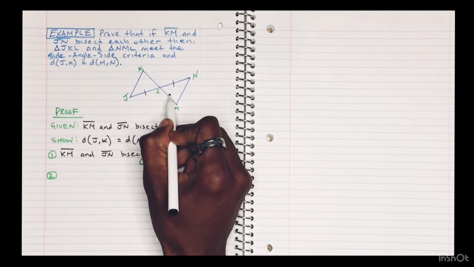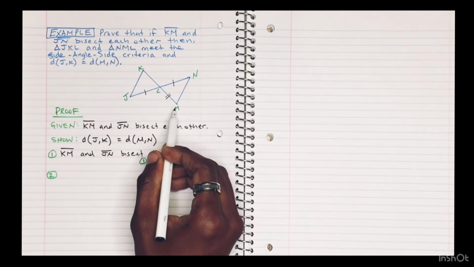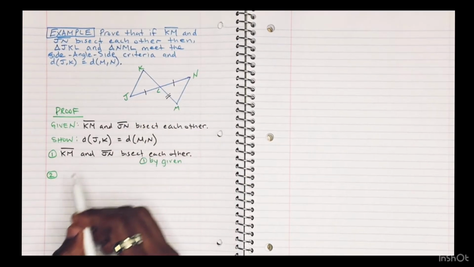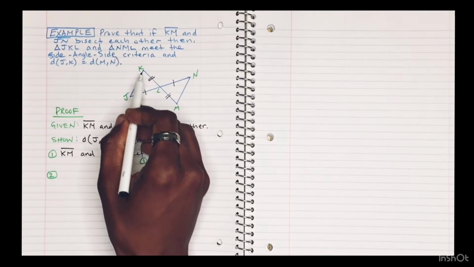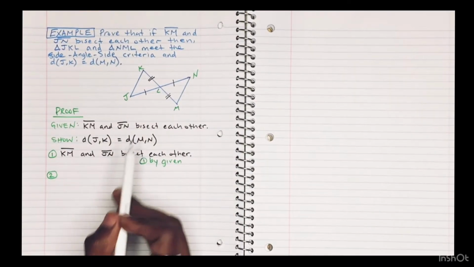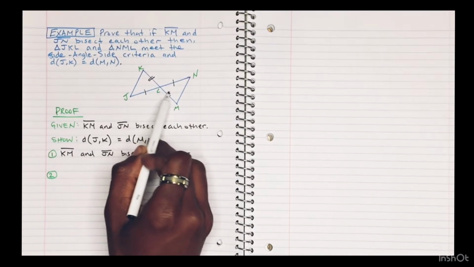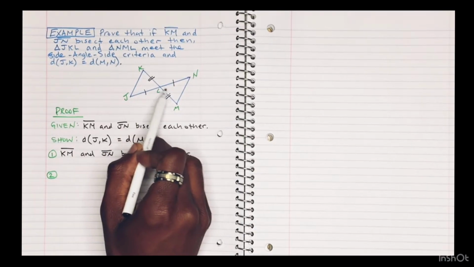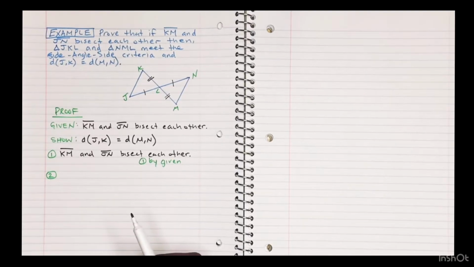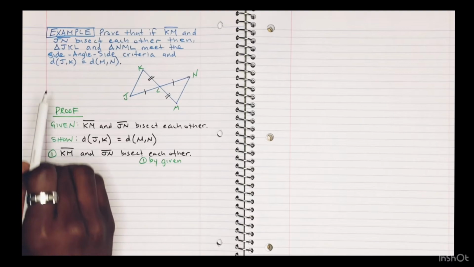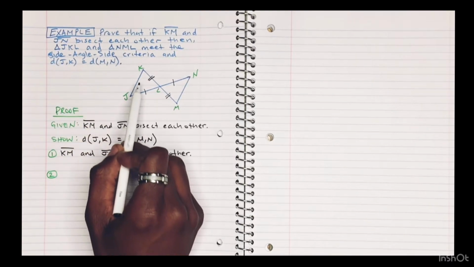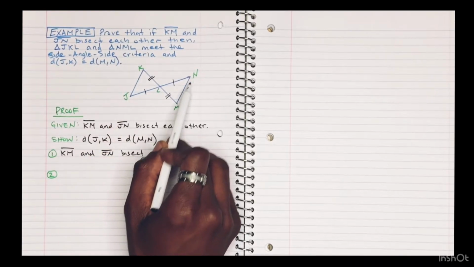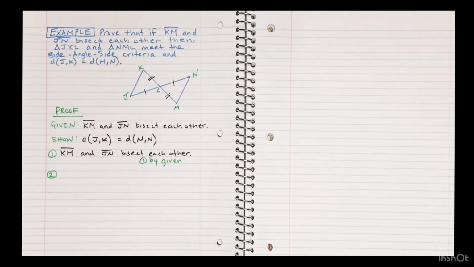So that means that this line of LM is equal to this line of LK. Now keep in mind, these are two separate triangles. These are two different triangles, but we're trying to find out if they're congruent and if certain sides equal each other. We still want to prove that this distance equals this distance, that this side equals this side. So let's move from there.